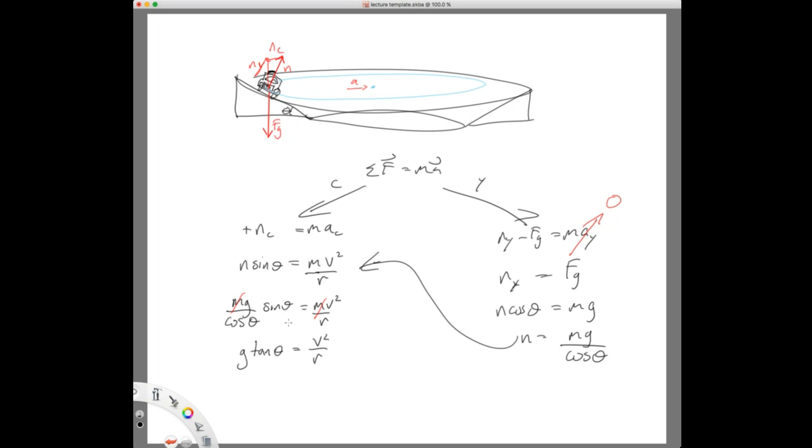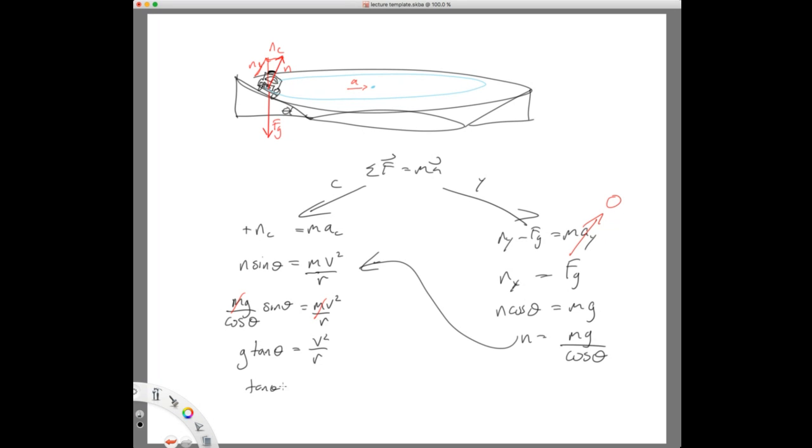Ordinarily, though, what we would do instead with this equation is rearrange it and solve for theta, and that would basically be our way of figuring out what angle we should build our road at so that we can drive around curves without relying on friction, so that if the road gets slick or something, we don't slide off of the road. So let's rearrange this and solve for theta.